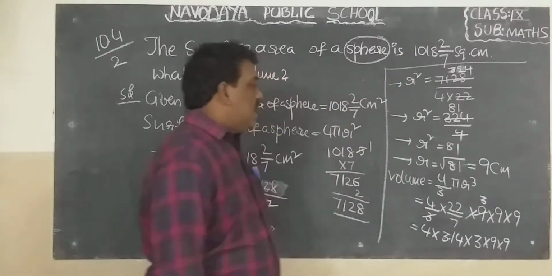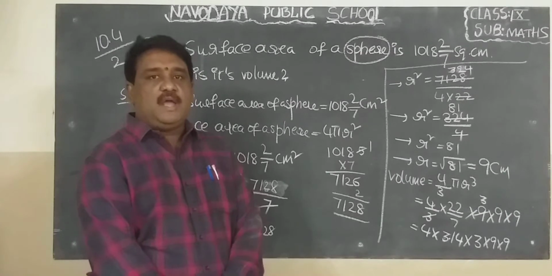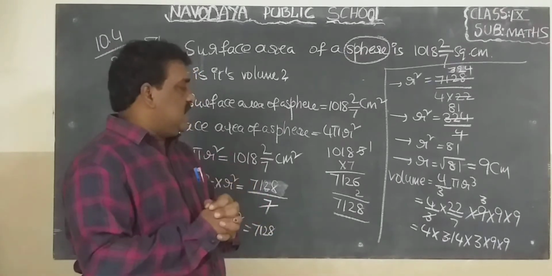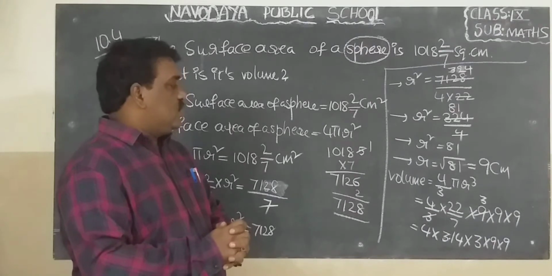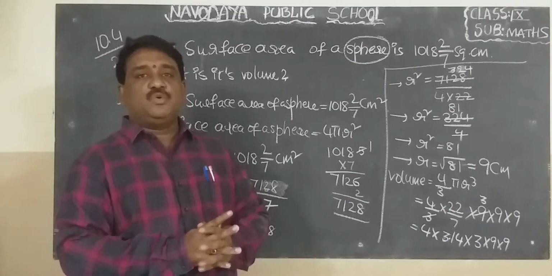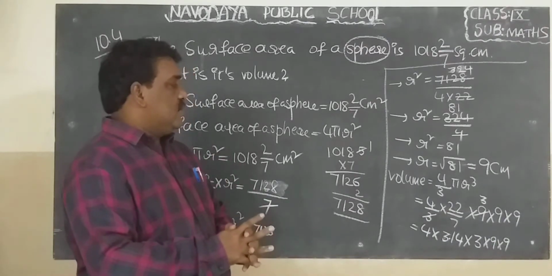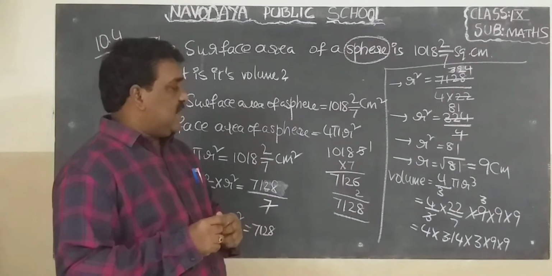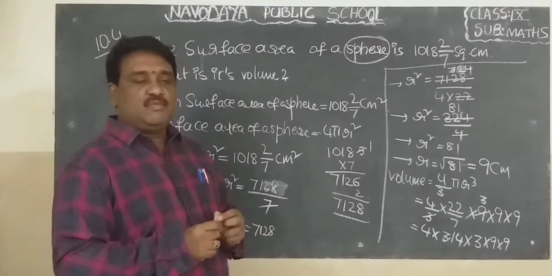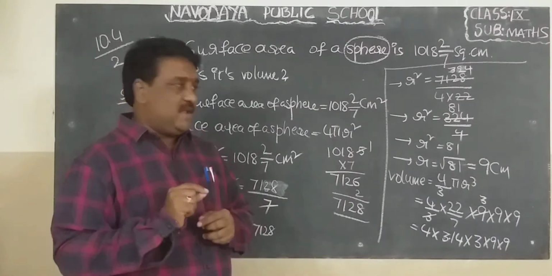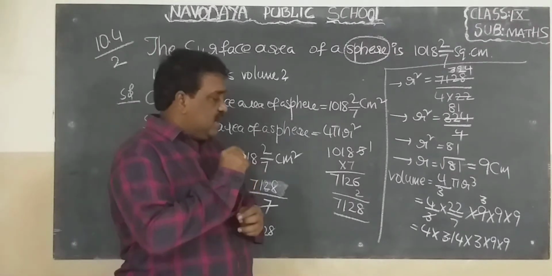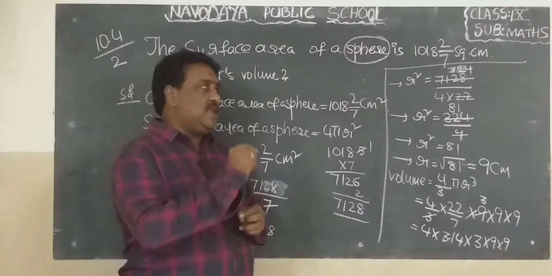So volume is 4 by 3 into pi value 22 by 7 into r cube. 9 into 9 into 9. So 3 cancels, 9 cancels 3 times. What is left? 4 into 3.14 into 3 into 9 into 9.